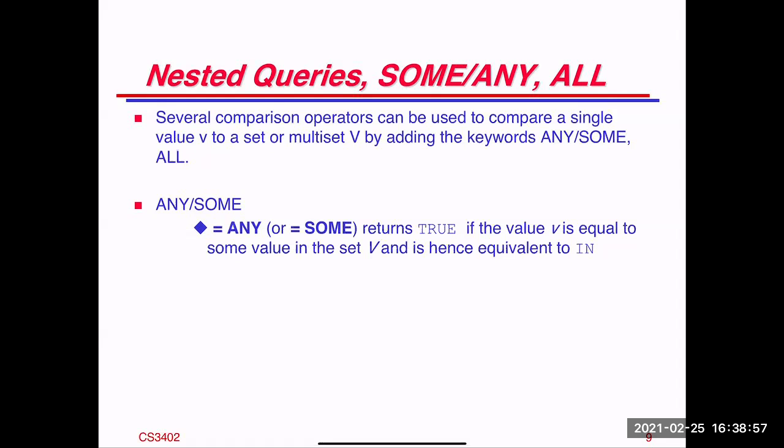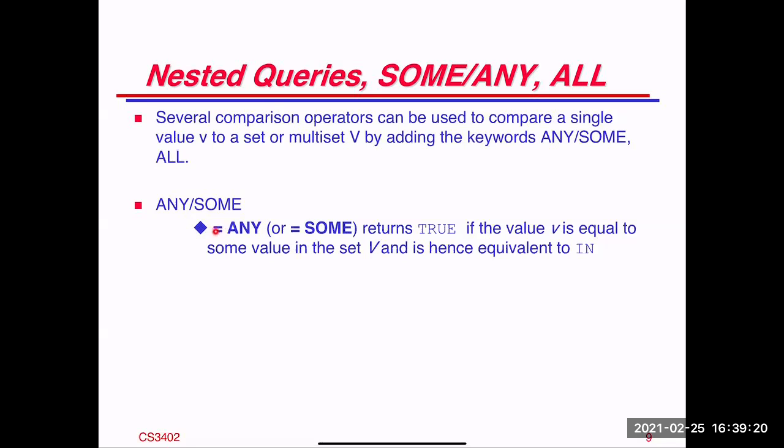So you can use several comparison operators to compare a single value v to a set or a multiset of tuples, capital V. And the way we can do that is by adding the keywords ANY or SOME or ALL. So ANY and SOME are the same in most SQL implementations.